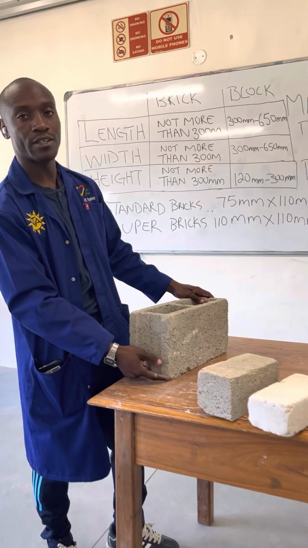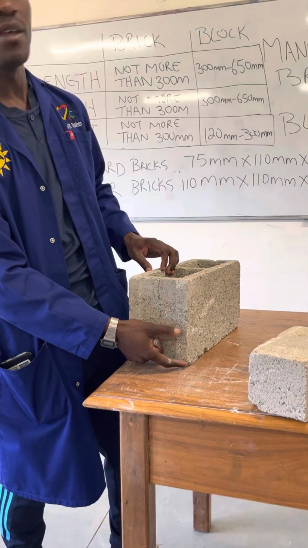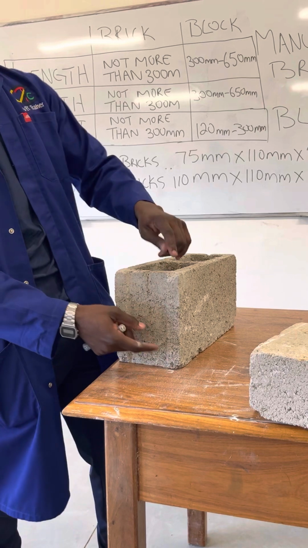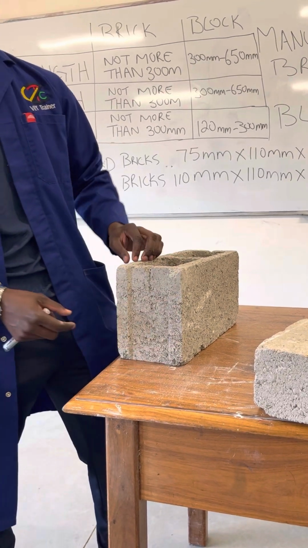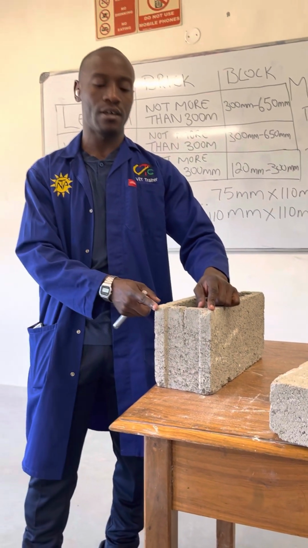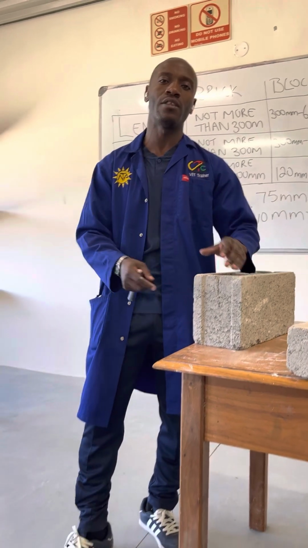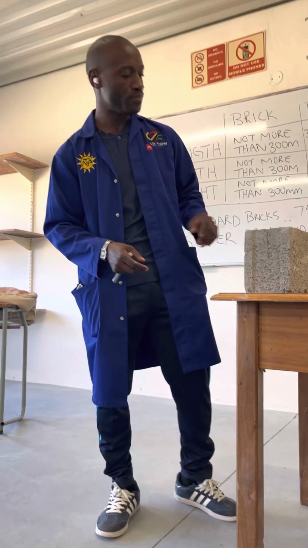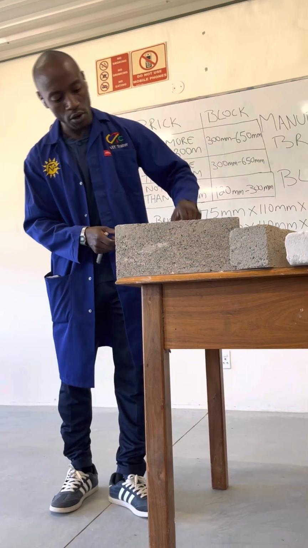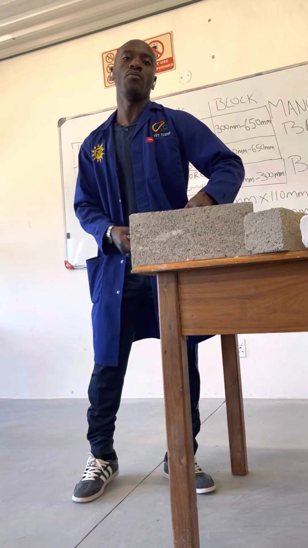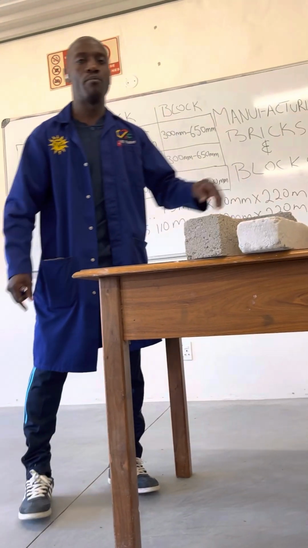The height does not exceed 300 and it's not less than 120, and the width does not exceed 650 and it's not less than 300. This is the typical block used in the country, and then we move on to our bricks.